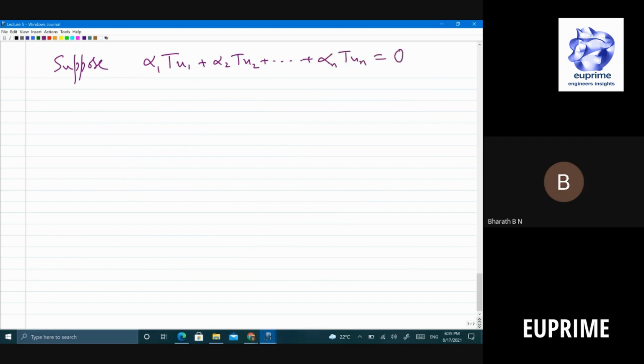What can you say about this? Let's do reverse engineering. If they are linearly independent, alpha i should be 0, right? Clear? Now, what does this imply? By linearity, I can push alpha 1 inside, alpha 2 inside, and so on. Again, by linearity, I can add them. So I'll write directly this thing.